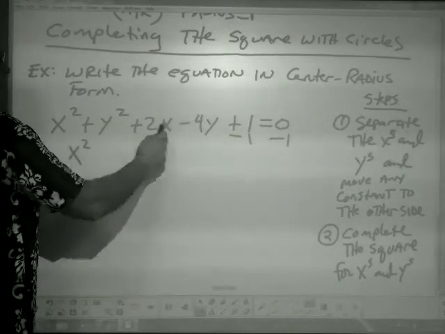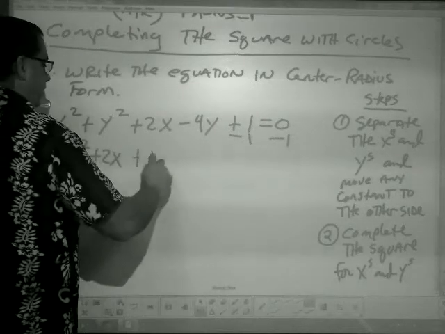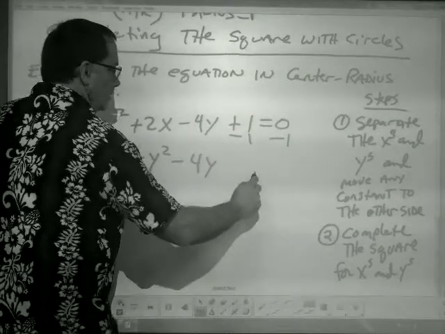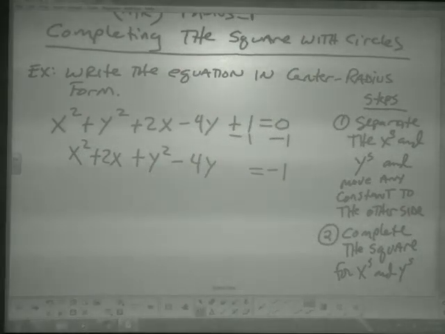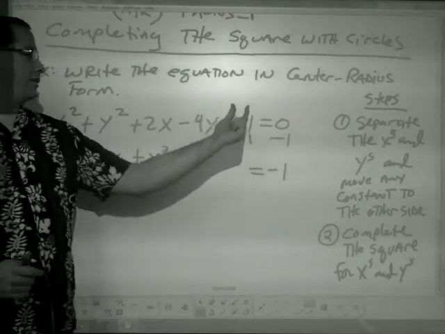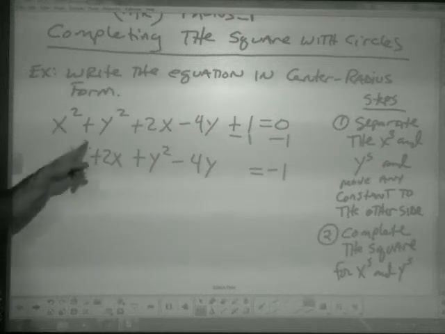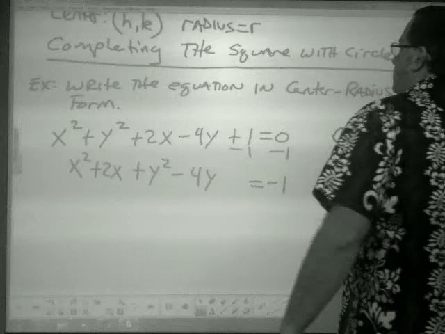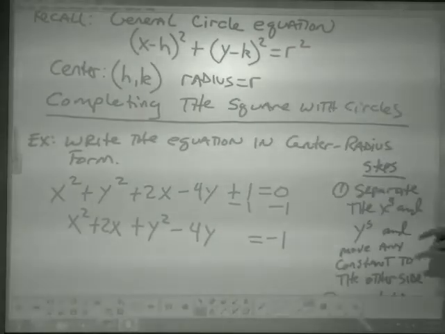So x squared plus 2x plus y squared minus 4y. And then this will equal -1. Okay? So I'm just going to reorganize this, moving anything that was not x and y to the other side, and all x's together first, all y's together second. Because in our center radius equation, all x's are together first, and then the y's are together second.